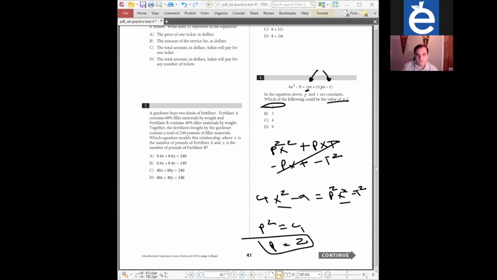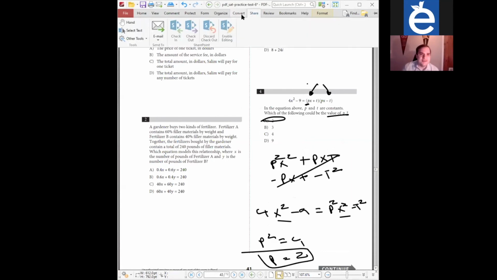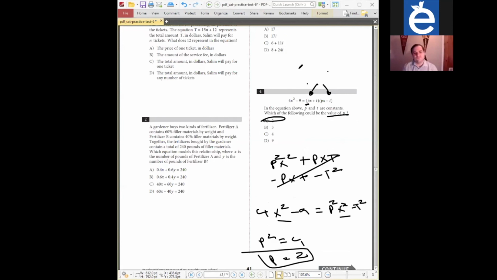Okay, so next up, one person wanted to touch base real quick on the difference between one solution and infinite solutions. It makes a little bit more sense to review this in the context of not just one solution versus infinite solutions, but the types of solutions you can have for lines.